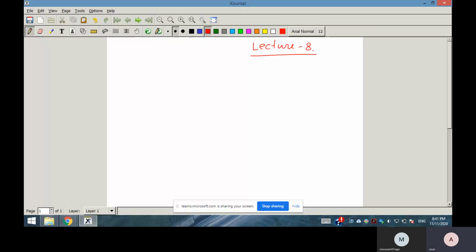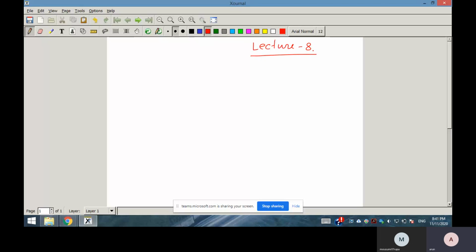So in the last 4 classes, we saw how lag, lead, and lag-lead controllers can be designed based on some frequency response specifications such as phase margin, gain crossover frequency, and also a steady state error specification.